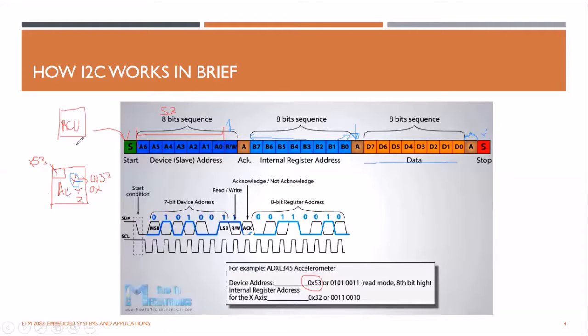If you use Arduino or similar higher-level interfaces, there are some I2C libraries. All you need to tell it is the slave address, in one single line, then start the communication with the slave address and the register address, and you will just receive the data. So you don't need to deal with these complicated things.